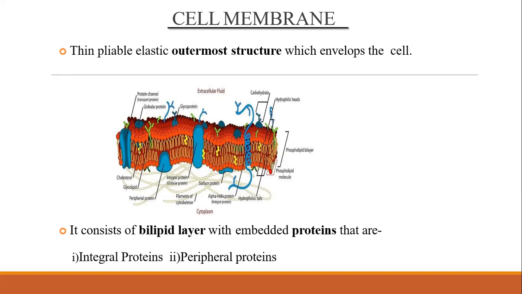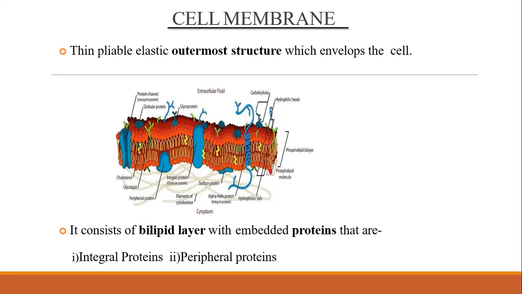According to this model, proteins do not form a continuous layer extending from one side of the membrane to the other. Rather, they are present in the form of globules dotted randomly in a mosaic pattern. You can see this is the mosaic pattern and it is denoted in a dotted form. Some globules of the proteins penetrate into the membrane.